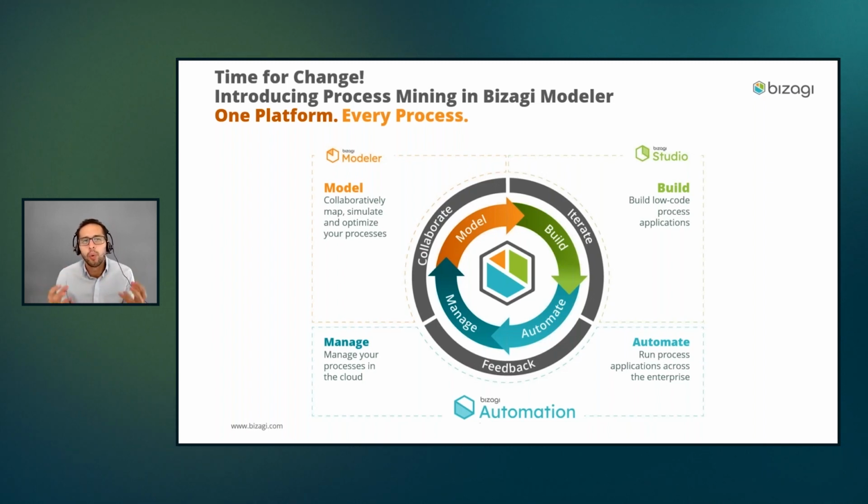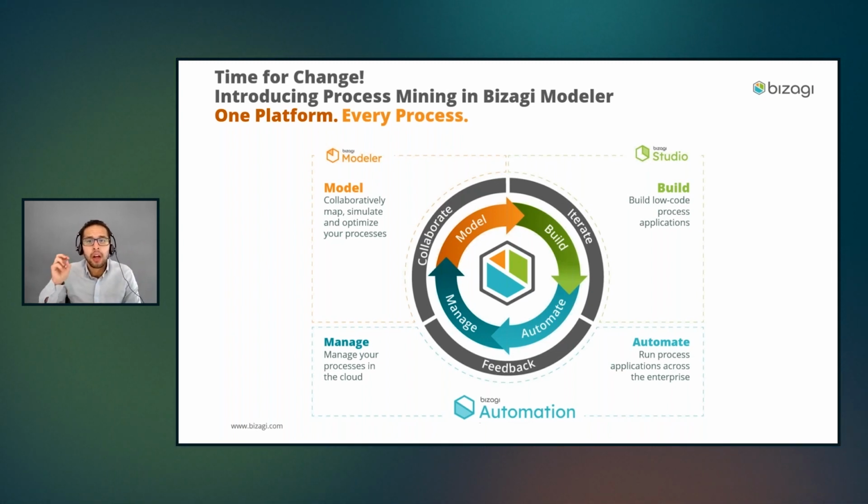And what we are actually completing or adding to our one platform for every process is more options, more features, and even more mature information for you to understand and to improve your processes.